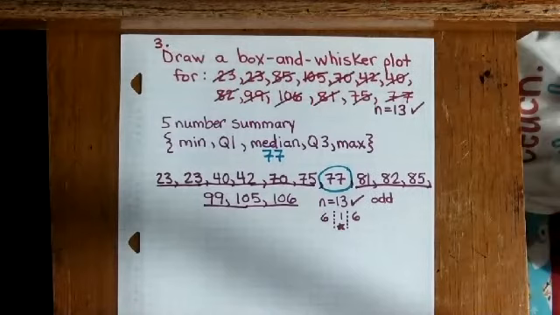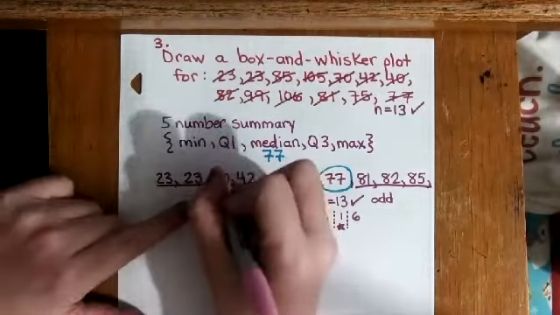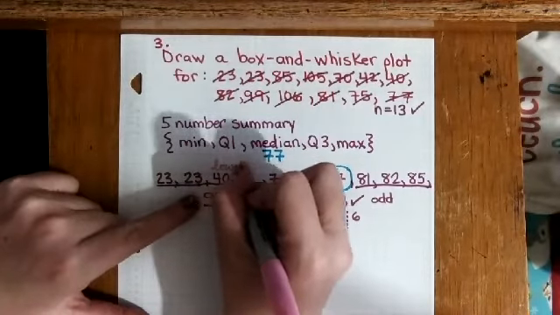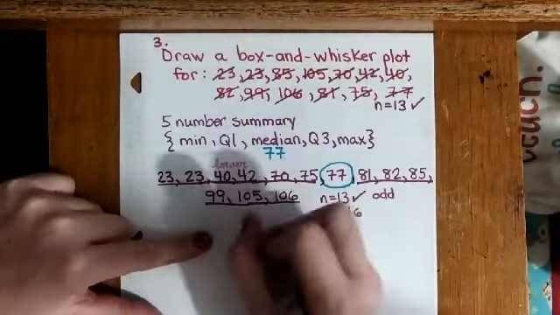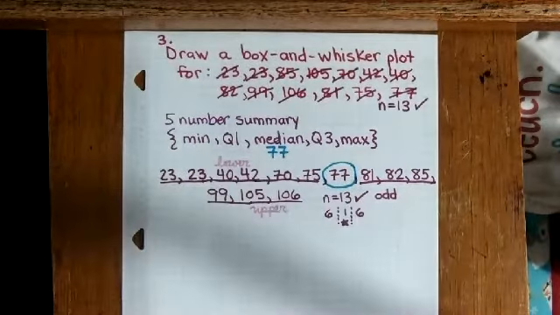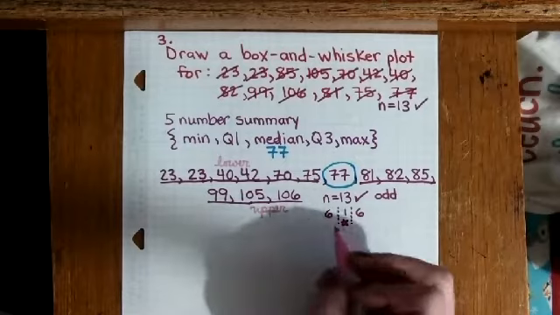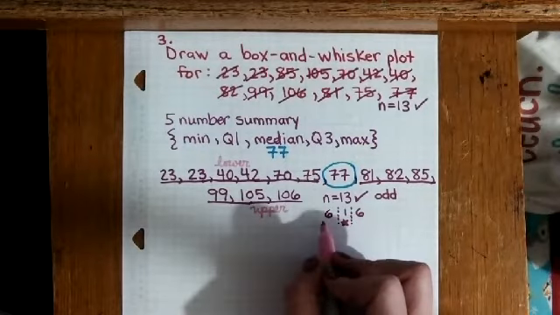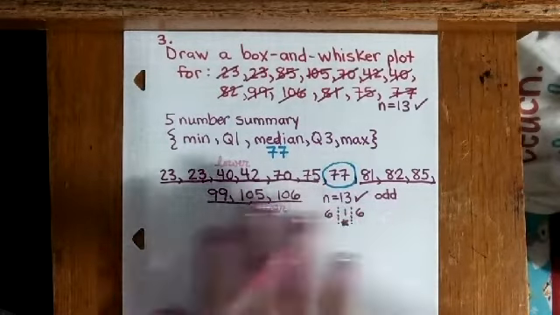And what Q1 and Q3 are is the median of the lower list and the median of the upper list. Now, the upper list and lower list are each n equals 6. The median doesn't join either list.